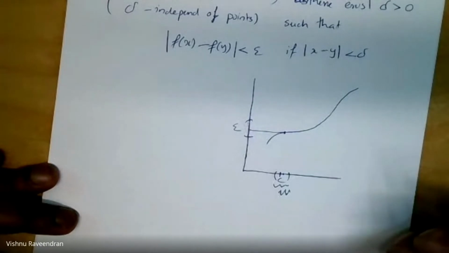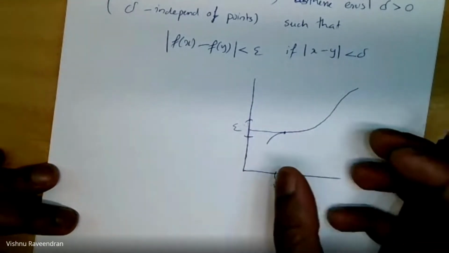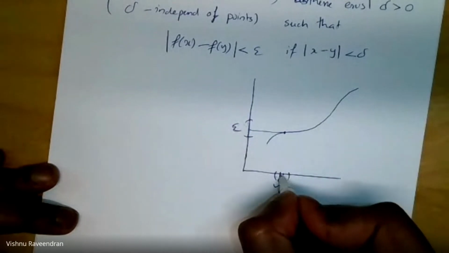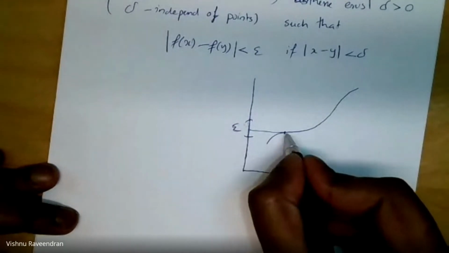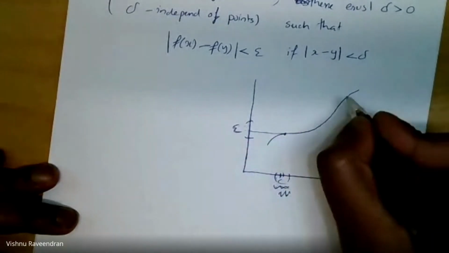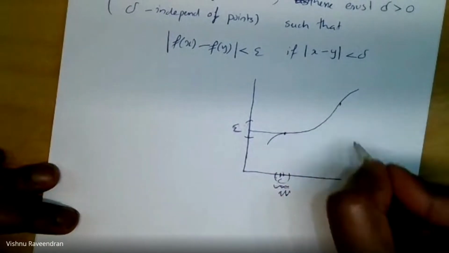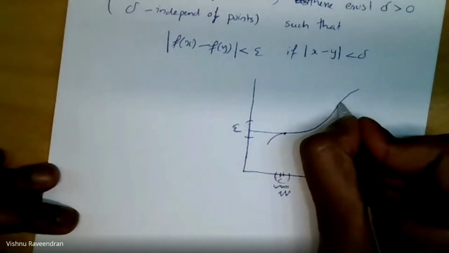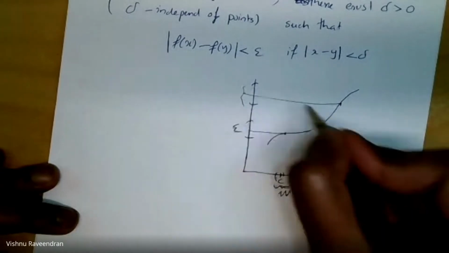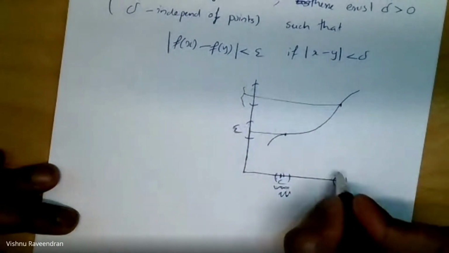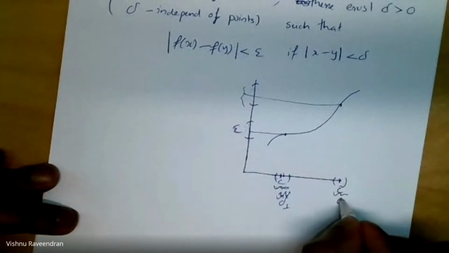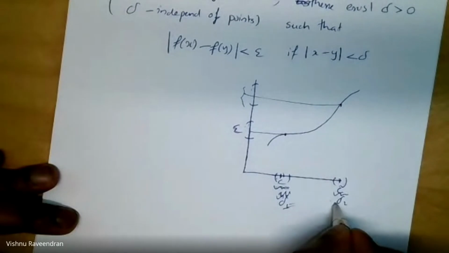So the difference between continuity and uniform continuity is that this epsilon and this delta depend on the point C. For example, if f is just a continuous function and you choose some other point C tilde here, and take the same epsilon neighborhood, you can find a delta neighborhood, but now delta 1 and delta 2 can be different.